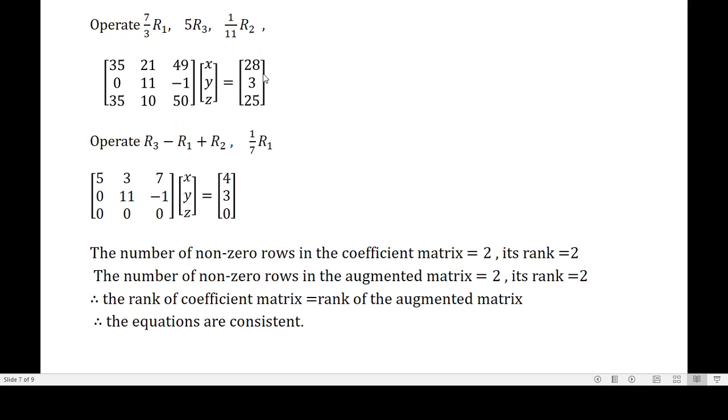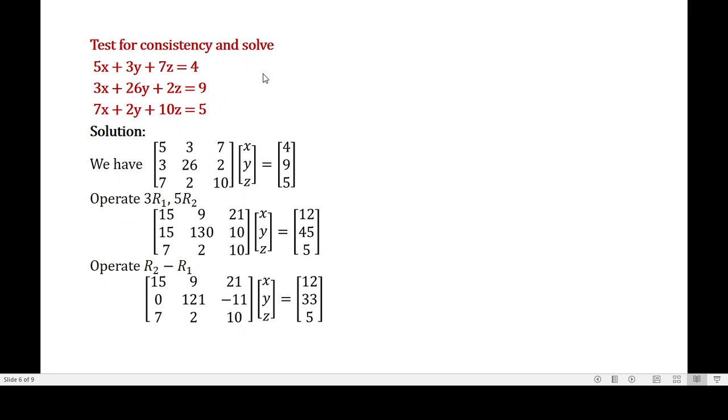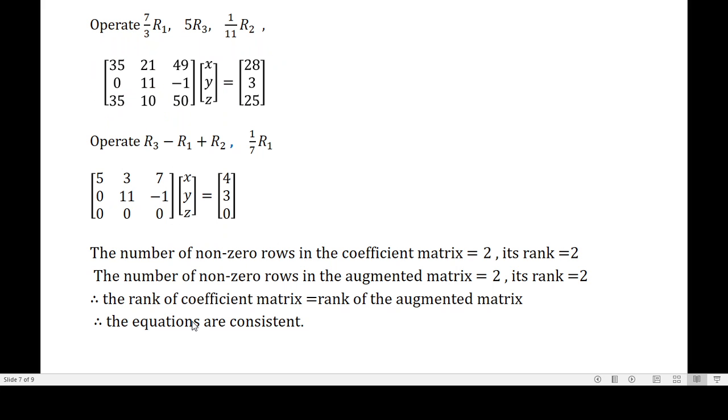And this is 28 because this is multiplied by 7 by 3, so 4 into 7 is 28. Third row is multiplied by 5, so 35, 10, 50 and then 25. Okay. So the row operations 7 by 3 R1 and 5 R3 are performed on the matrix.